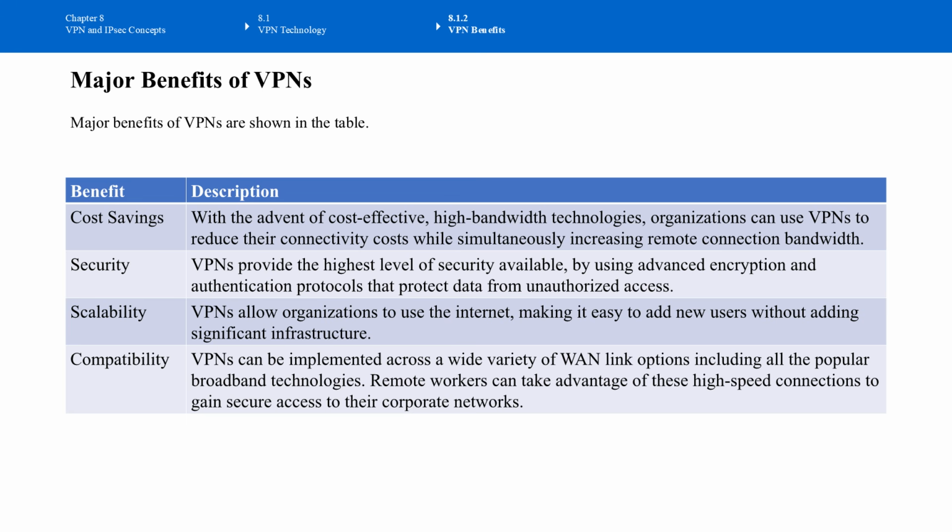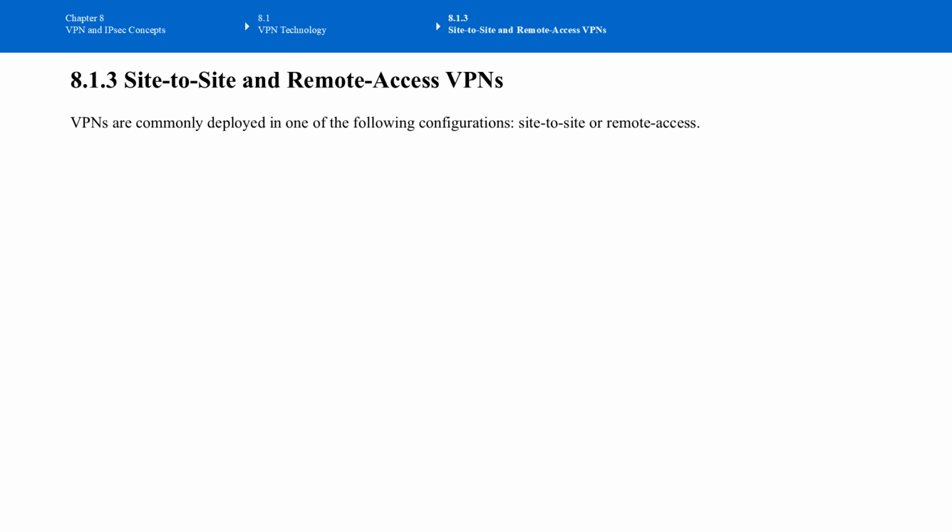Easily support new users and locations without significant infrastructure changes. Compatibility. It operates over a wide variety of internet and broadband technologies, enabling secure access from virtually anywhere. These benefits make VPNs a cost-effective, secure, and flexible solution for connecting remote users and branch offices to an organization's network.